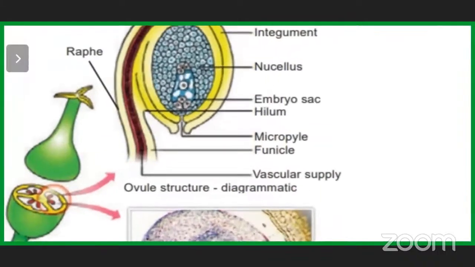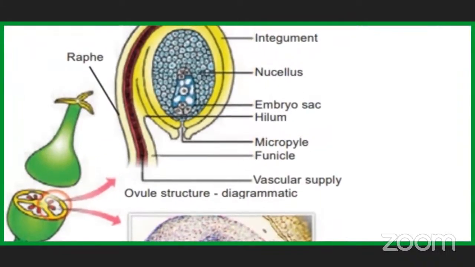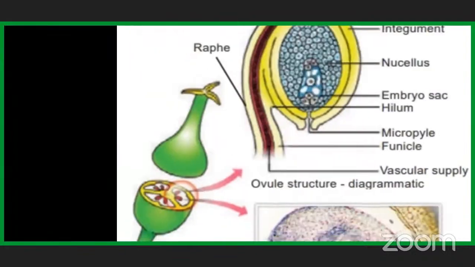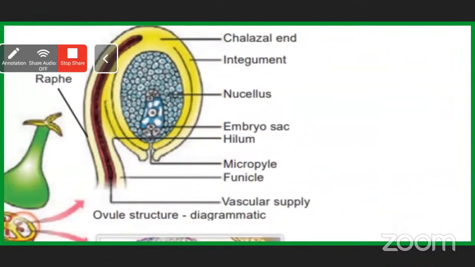In between the embryo sac and the integument there is the nucellus. Nucellus is present. That's also a question: types of nucellus and importance. And endosperm, which forms after fertilization in the embryo sac, that is also a question.